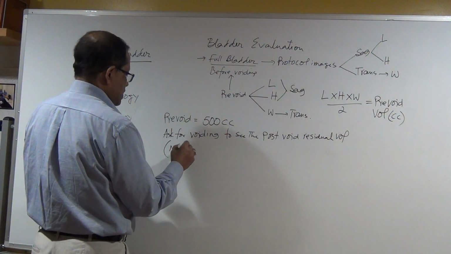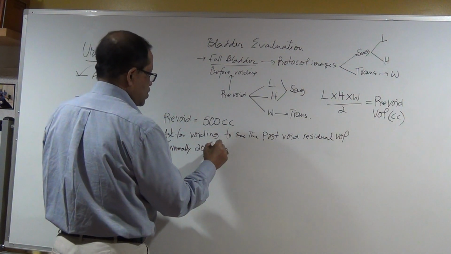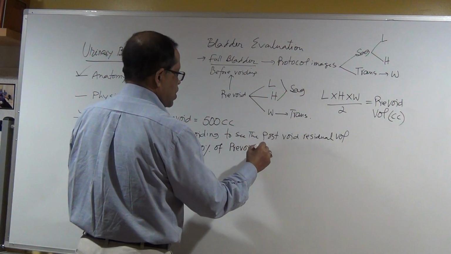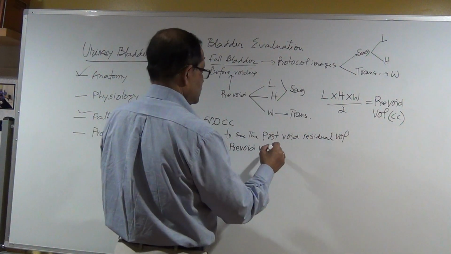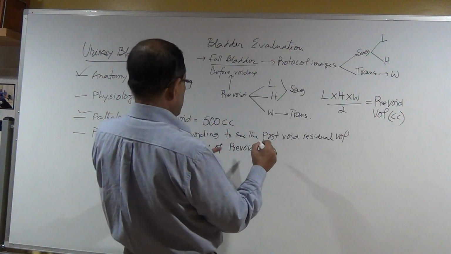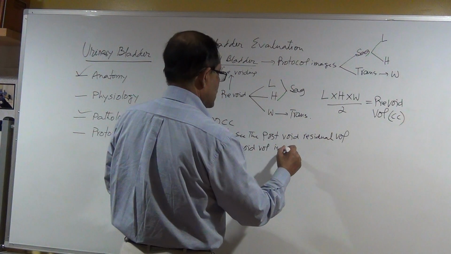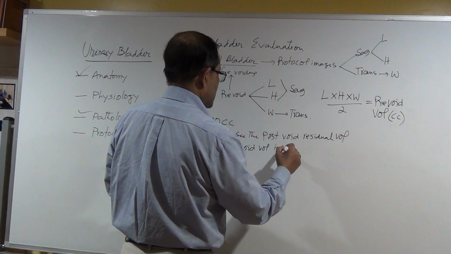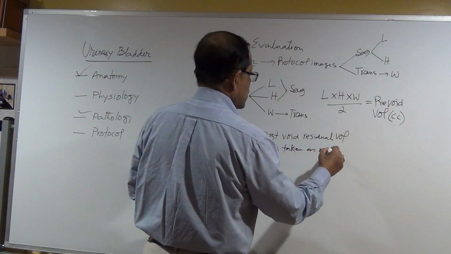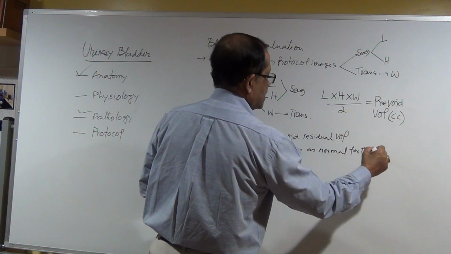Normally, 20% of pre-void volume is taken as normal for the individual.